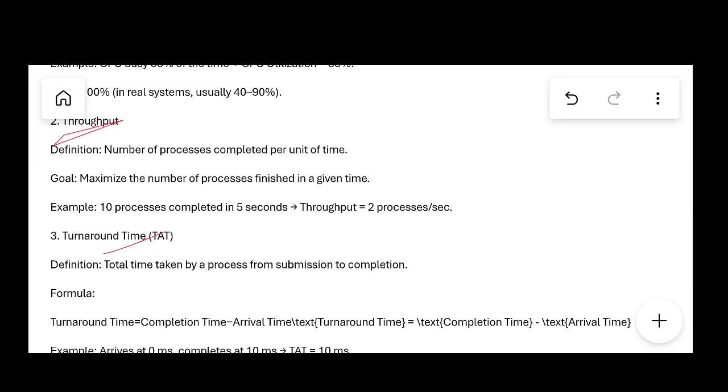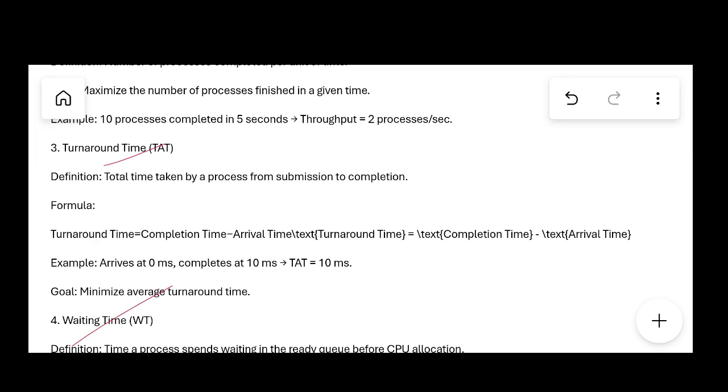Okay, then turnaround time. Basically this is the total time a process spends in the system from start to finish. TAT equals completion time minus arrival time. Example: a process arrives at 0 milliseconds and finishes at 10 milliseconds, so TAT equals 10 milliseconds.